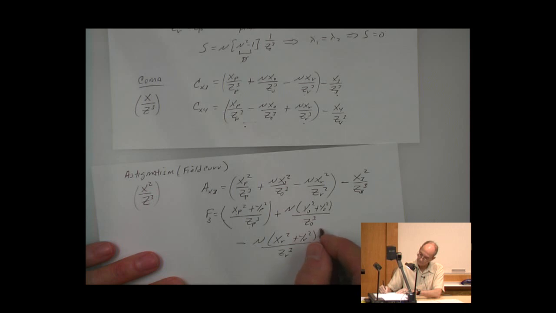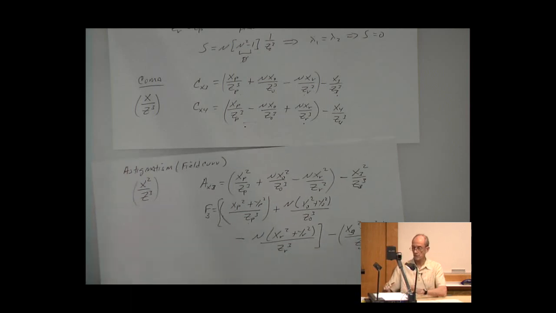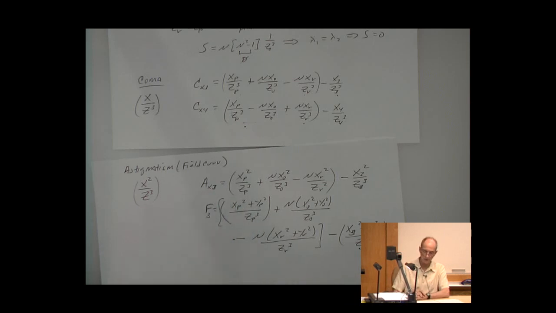And as we're doing up here, this is then minus x3 squared plus y3 squared, we're using the 3 value, or the primary, over z3 cubed. Okay, so the field curvature differs a little bit in the sense that these values are actually coupled, and in the case of the astigmatism, they're treated separately. Okay.